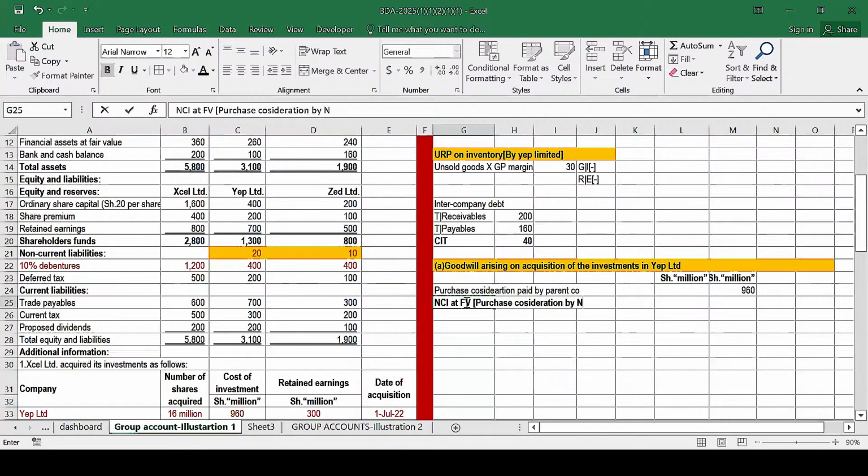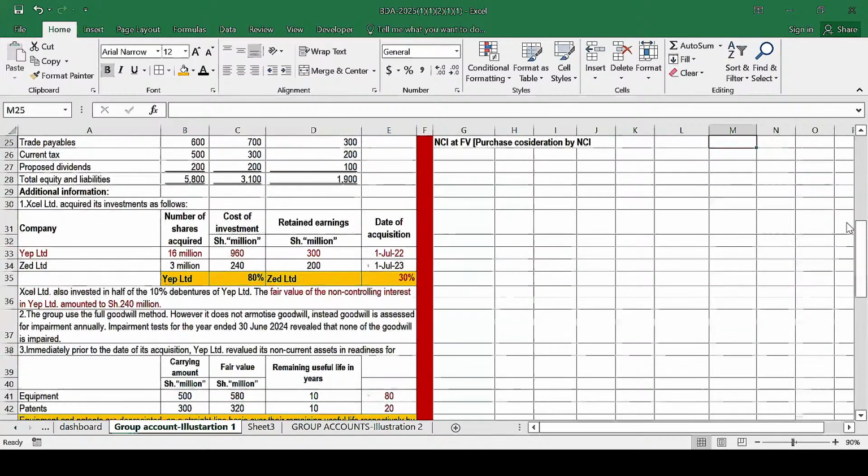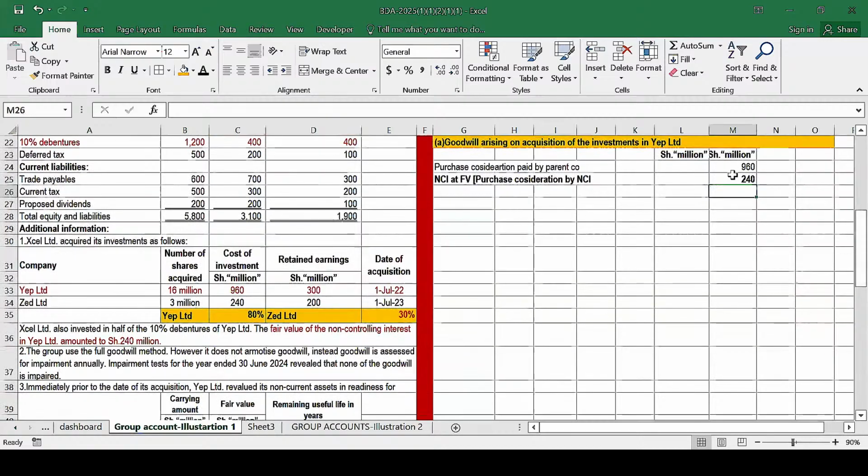By NCI. And where do we have that information? We have that information still in note number 1, where we have the NCI at fair value, this one 240. Yes, so we add those two values. That is the purchase consideration paid by the parent, and the one which was paid by NCI. So we get basically a total of 1,200.